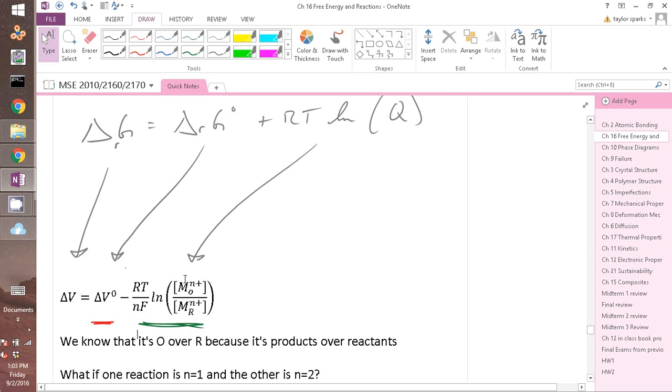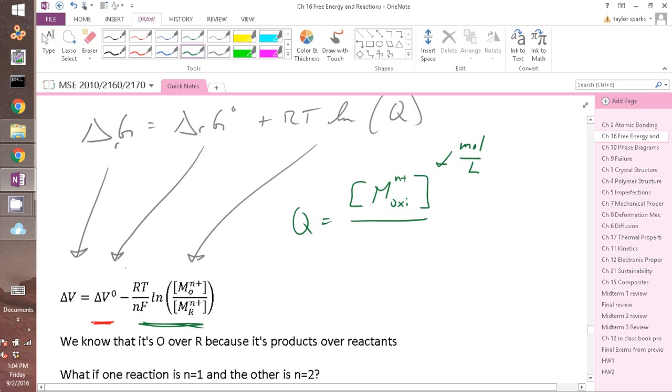So what have we done over here? Now instead of having Q, I've replaced it by Q equals the concentration of the oxidized species. Square brackets means concentration, moles per liter.